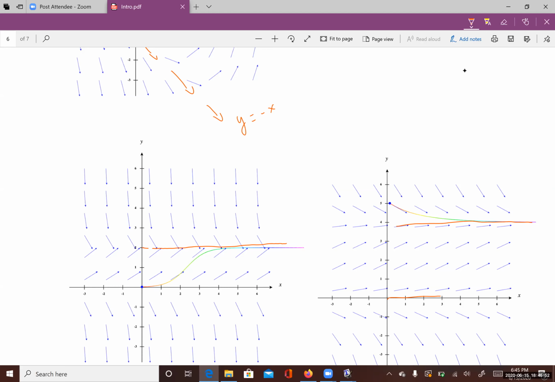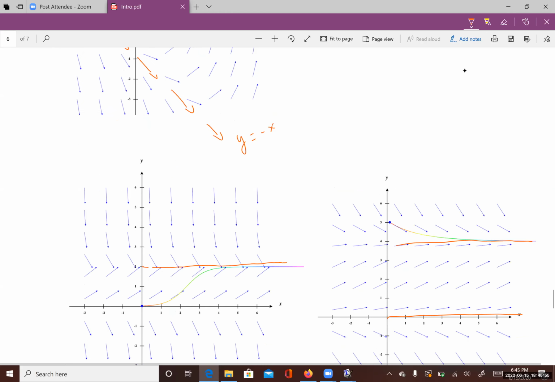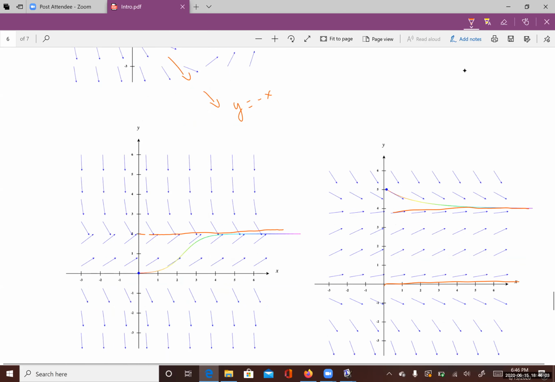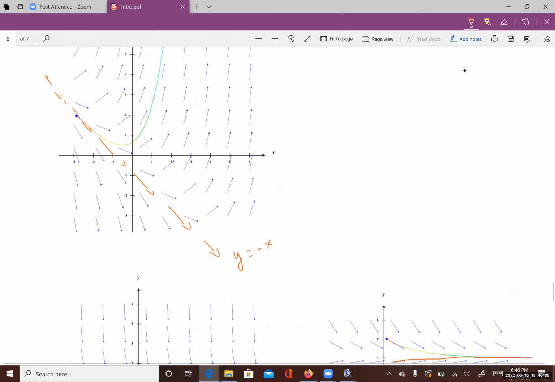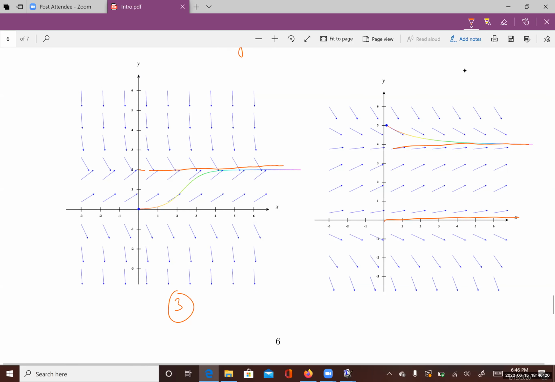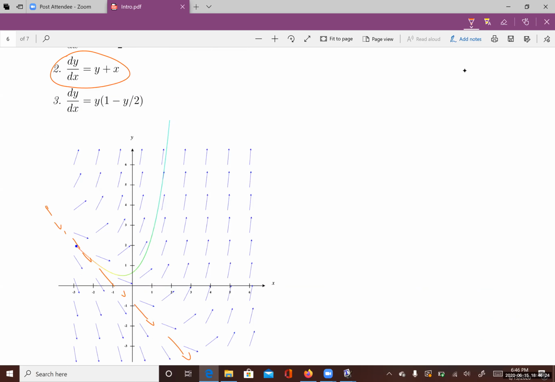Y equals 0, you have an equilibrium solution. So if y equals 2, then this should be the third equation right here. And when y equals 4, the derivative equals 0, so this should be the first one. And y equals negative x should be the second one.